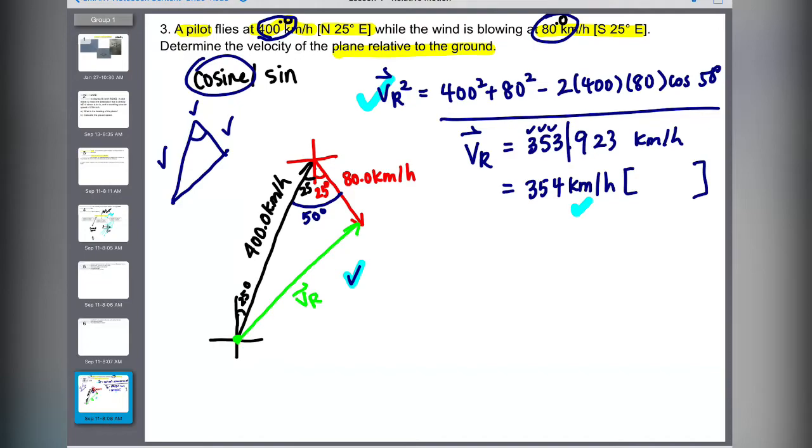And to do that, we right now have a triangle. We now know that this VR is equal to 354. So I have 50 and the side opposite to it, right? So when I have that, I can use my sine law. Do you see how when I have a side and an angle opposite to it, so this is the pair that I do know, I can use the sine law.